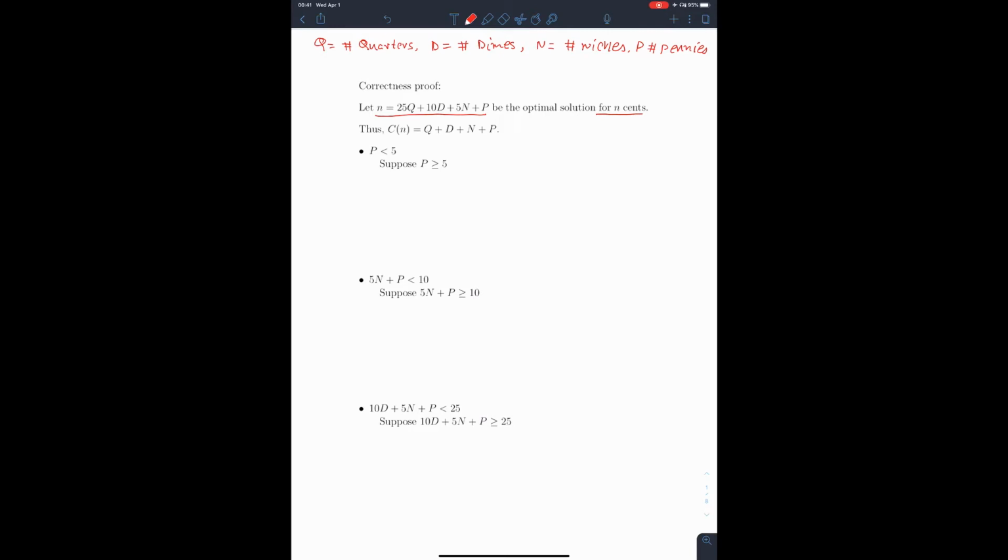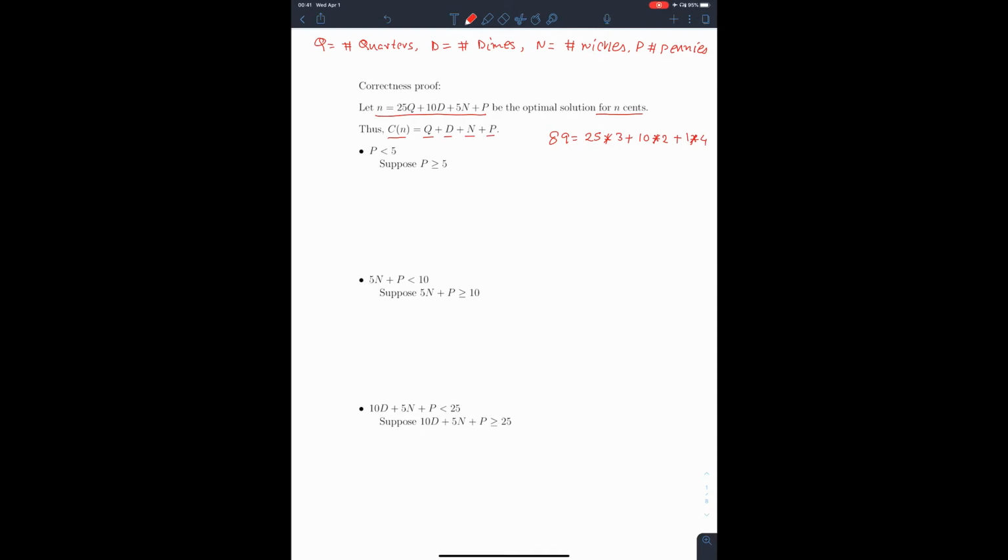And the number of coins needed, change(n) or C(n), is q + d + n + p. In our previous example, when n was 89, we used 3 quarters, 1 dime, 4 pennies. That means 89 equals 25 times 3 plus 10 times 1 plus 1 times 4.